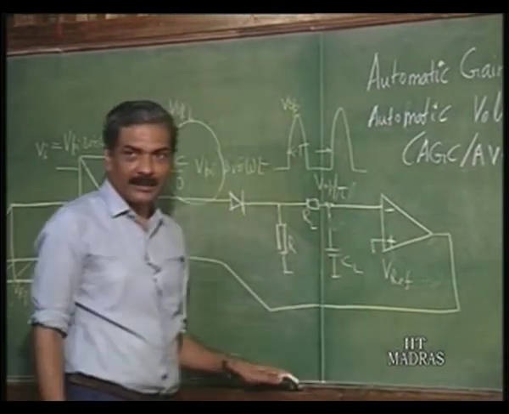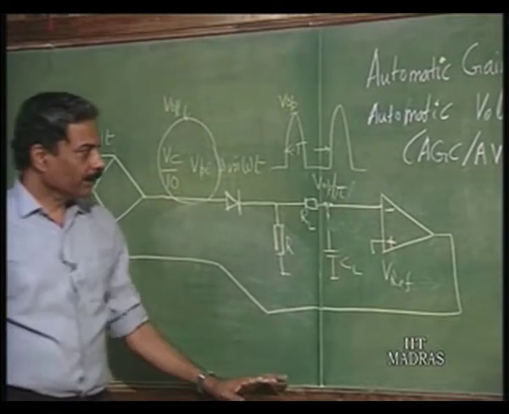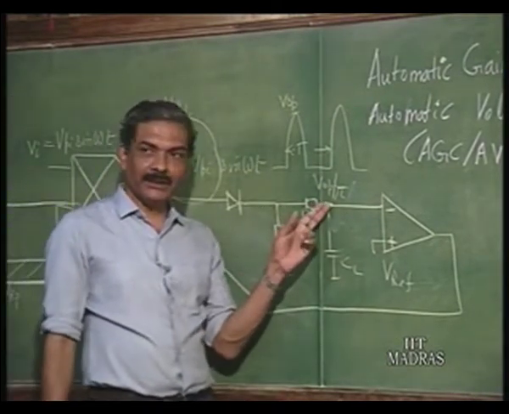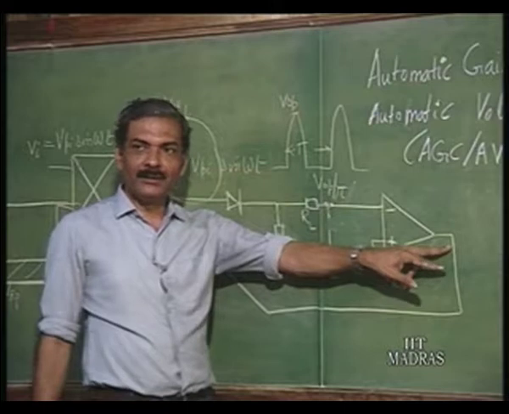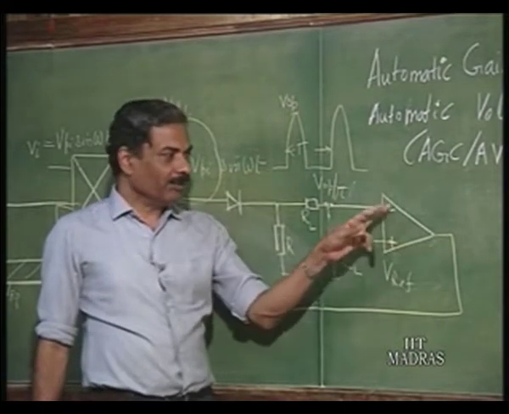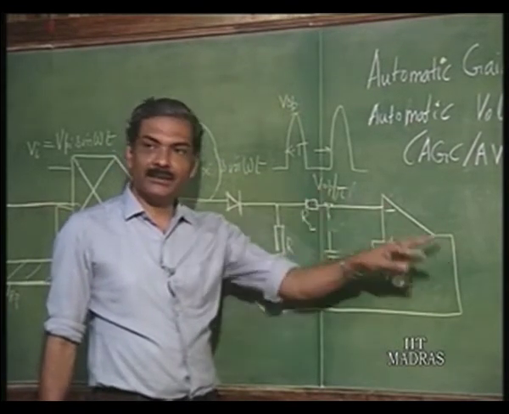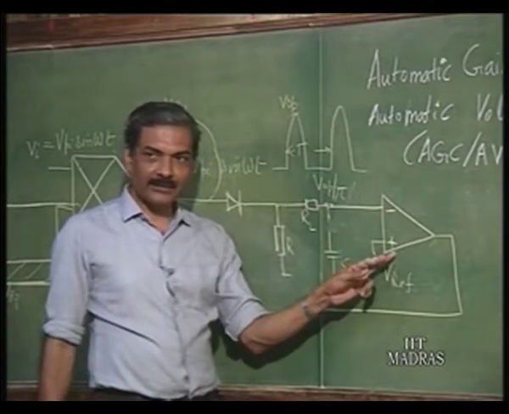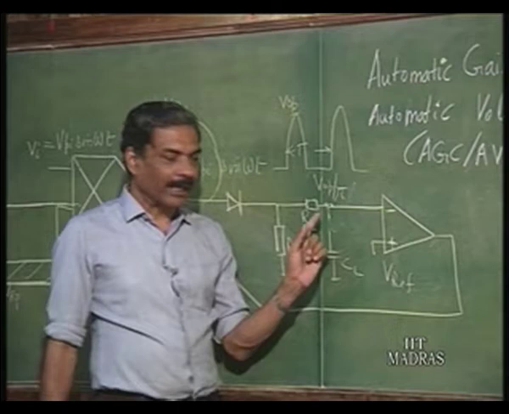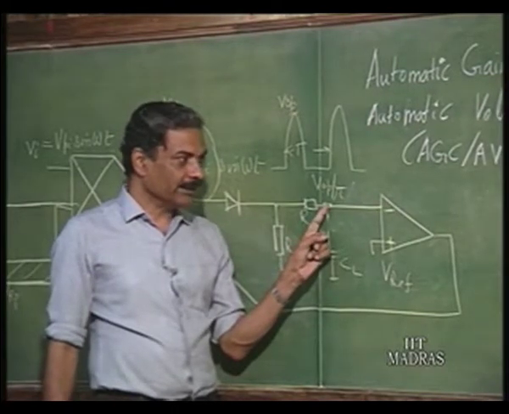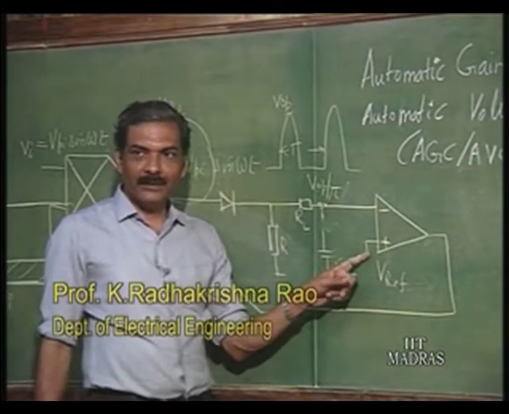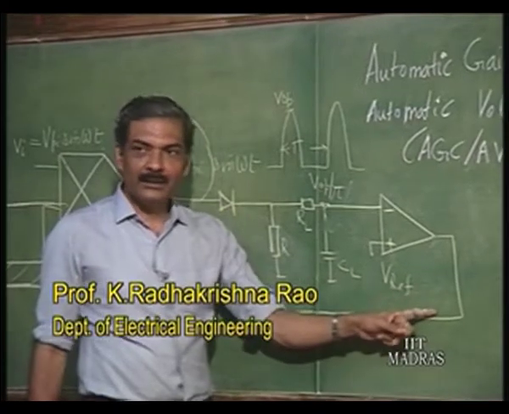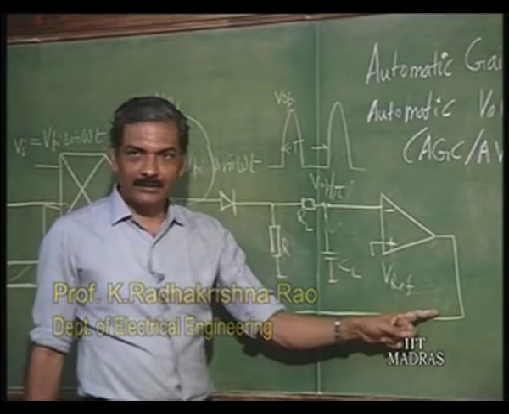I am putting the polarity here in this manner, because I know that when this voltage increases, I want this voltage to decrease. If I put plus minus here, when this voltage increases, this voltage will increase. So, minus plus, that is what is called negative feedback. So, when this voltage increases above V reference, this voltage will start decreasing.